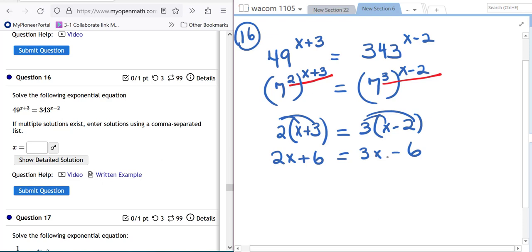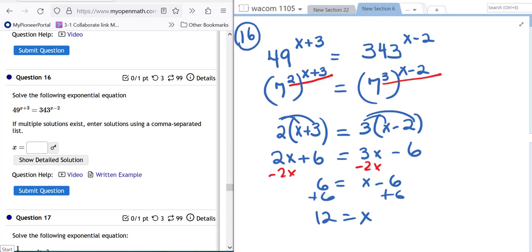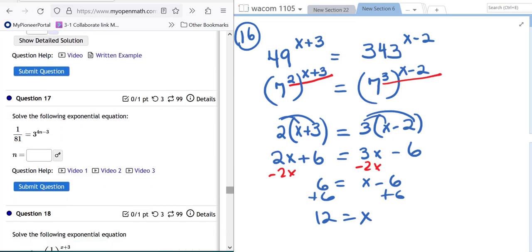Right, so if I get rid of the 2x, that's 6 equals x minus 6. So I'm going to add a 6. So x equals 12. Good. So just be cautious here, especially if you have a binomial, because this will multiply parentheses. That's what you need.